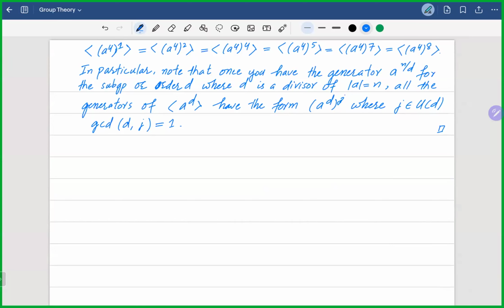And for convenience, we introduce an important number theoretic function called the Euler-Phi function, or phi function.